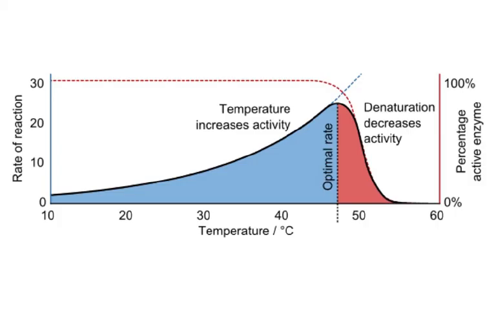This is another diagram to show you the effect of temperature on the rate of reaction. As you see, temperature increases, the activity increases, and then of course a point comes. This is the point of the graph. And then the denaturation decreases the activity, and you can see the percentage active of the enzyme.